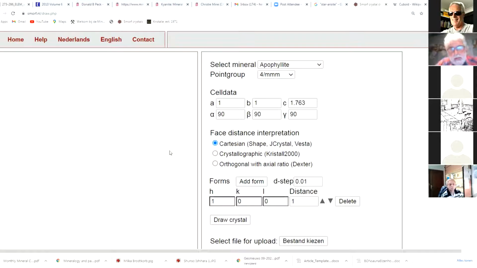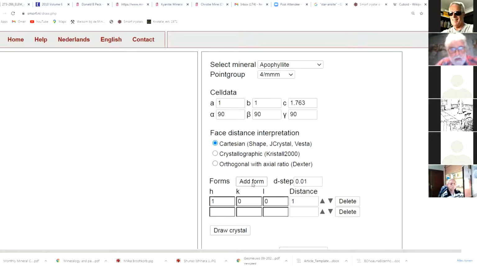Well, it's because right now we only have one form, and in total the form is not closed. It's what is called an open form, and the program is unable to show that to us. Okay, so we have to add another form in order to close the crystal, so to speak, and to make it appear on the screen.